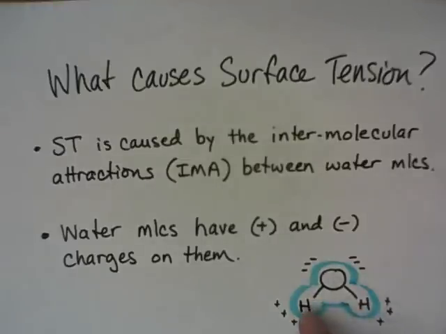A water molecule, H2O, has an oxygen in the center, and it has two bonds. It has a bond to a hydrogen and another bond to a hydrogen over here. Now, later on, when you learn some chemistry, you'll learn that this hydrogen has a positive charge, and this hydrogen has a positive charge, and the oxygen has negative charges, which give the water molecules areas that have positive charges and negative charges.